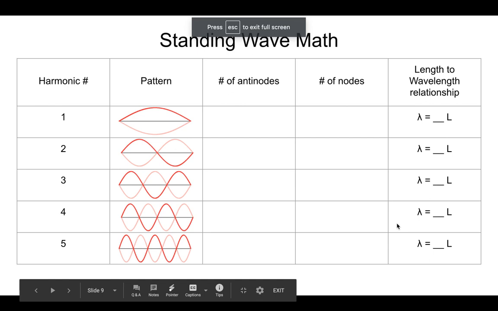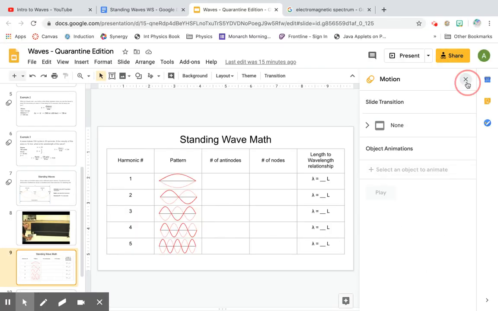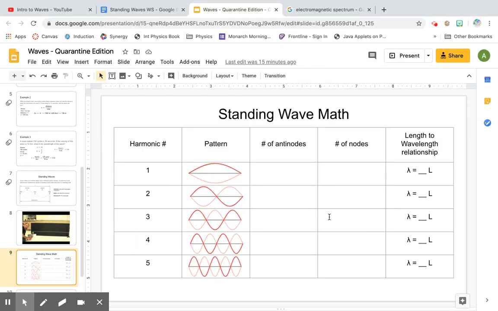Okay, so I didn't even have to do that. I wanted to talk about standing wave math now. So what I mean by this is we do have a relationship between the antinode or the harmonic number and the wavelength. In these problems, and I have an example of a problem next, okay? So first and foremost, let's just fill out this table.